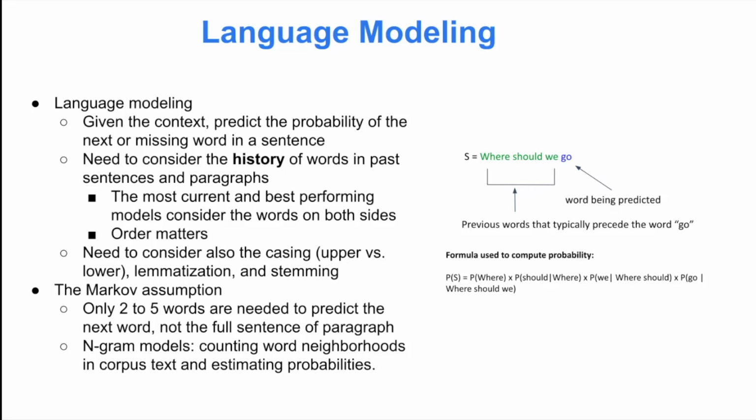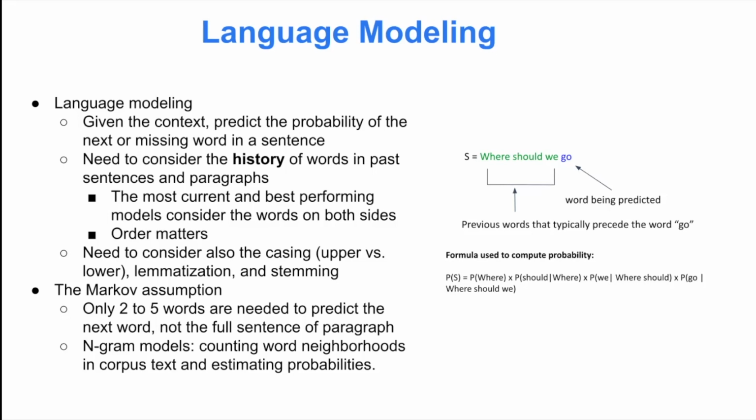And then using the Markov assumption, we can say that we don't need to look at the full history of the word, so perhaps not the full paragraph before it or even the full sentence, but maybe just 2 to 5 words before. A simplistic language model is the n-gram model, which basically counts word neighborhoods in a corpus text and estimates probabilities.